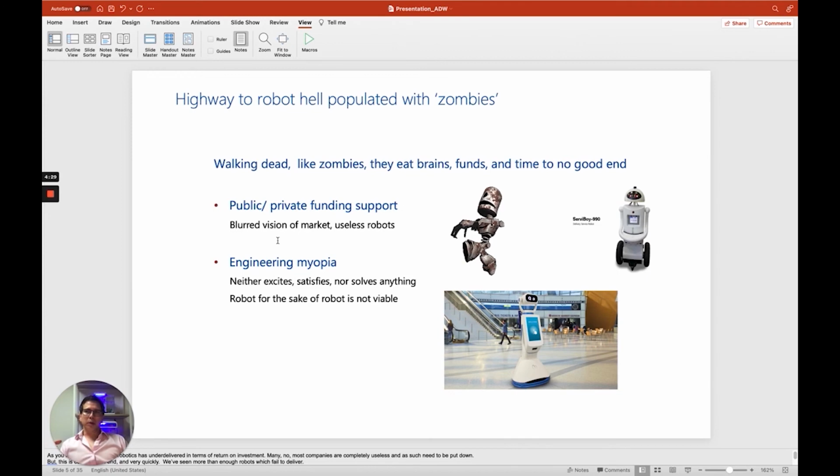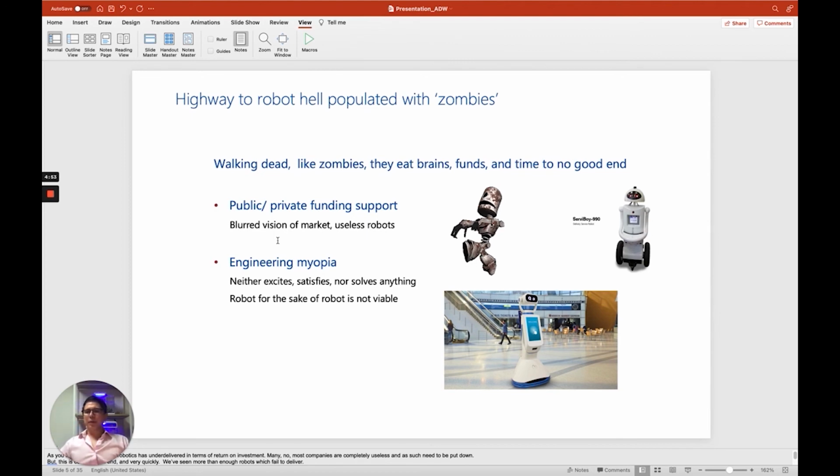As you all know, the promise of robotics has undelivered or underdelivered in terms of return on investment. Many may know most robotics companies, or most companies in this space, are completely useless, and as such need to be put down.